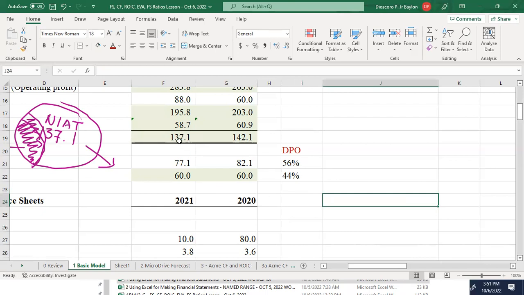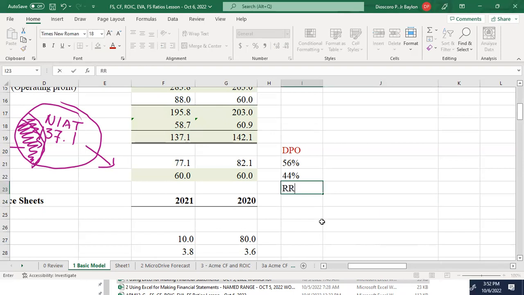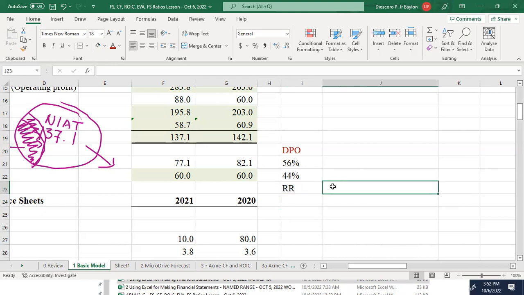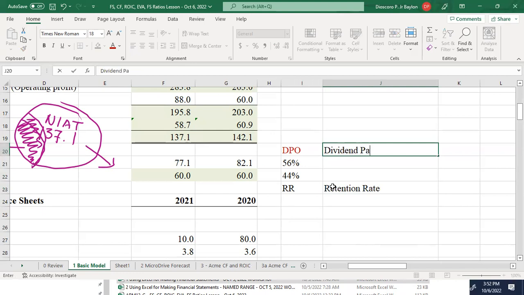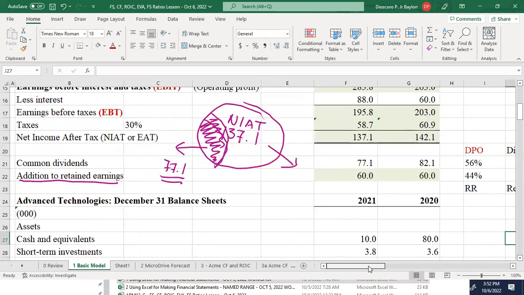So of the net income after tax, 56% went to the dividend payout ratio, while the 44% was your retention rate. So that covers our income statement.